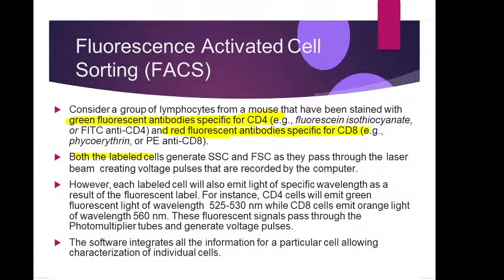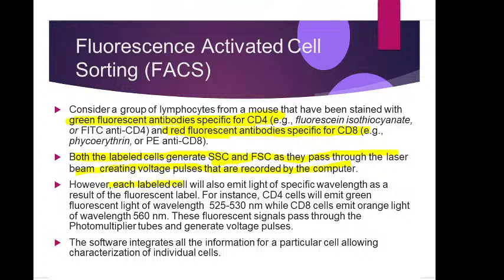Now one is labeled with green fluorescent, and another is labeled with red fluorescent. Both the labeled cells generate side scattering as well as forward scattering when they pass through the laser beam, creating voltage pulses that are recorded by the computer.